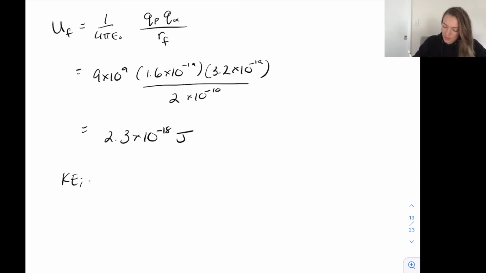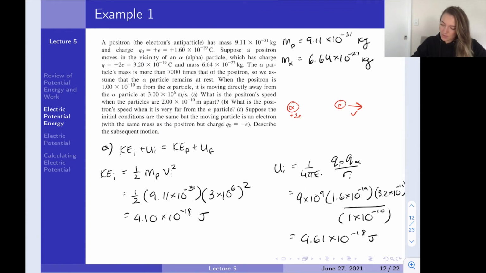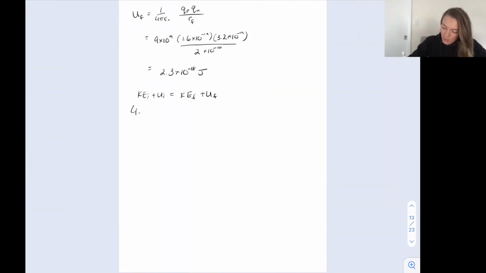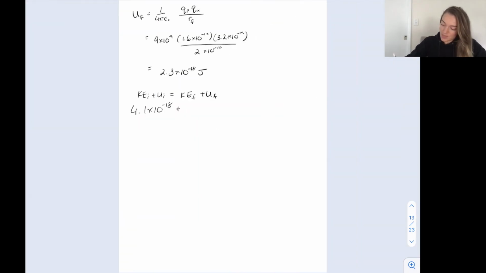So now let's just write this all out. Our initial kinetic energy was 4.1 times 10 to the negative 18 joules. The initial potential energy was 4.61 times 10 to the negative 18 joules.